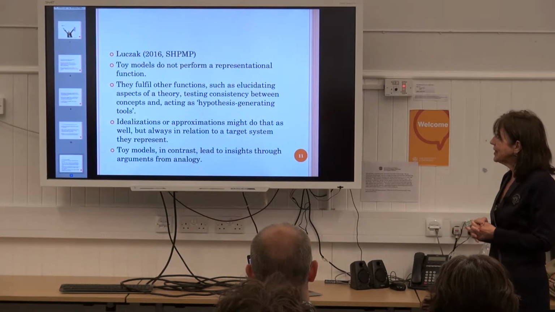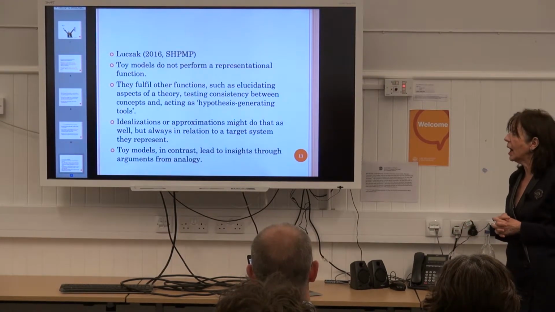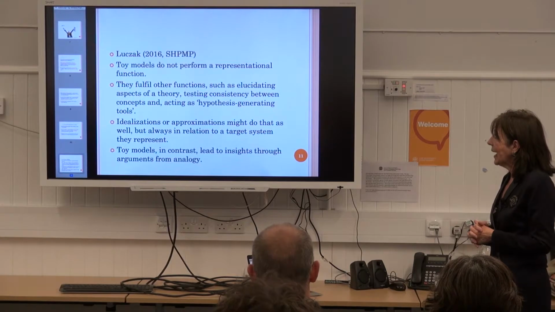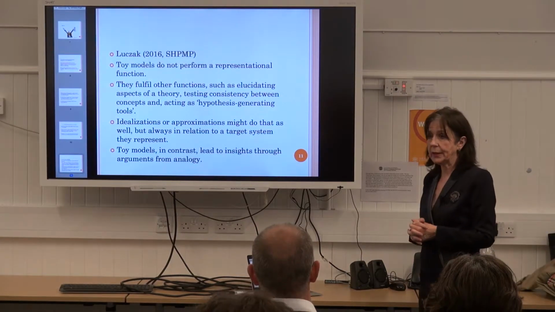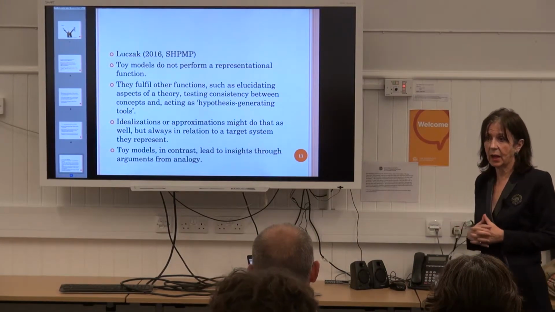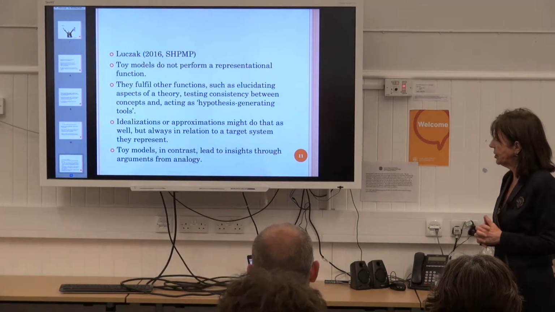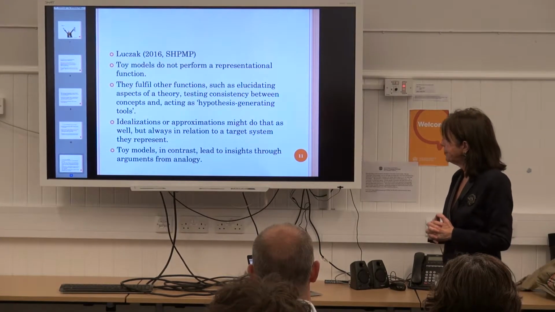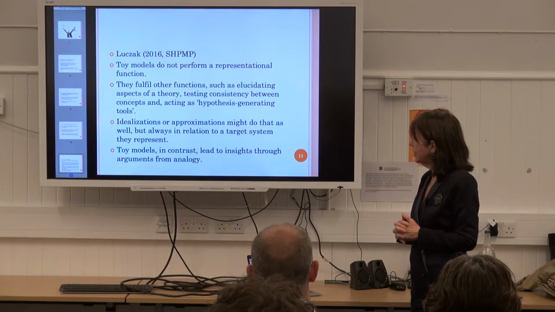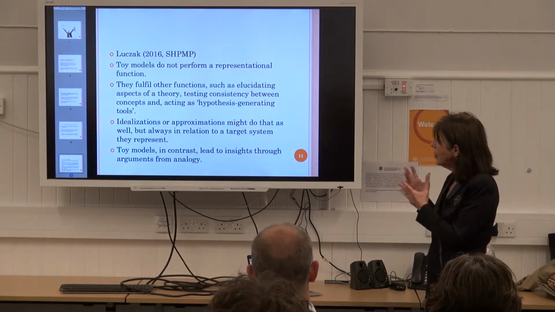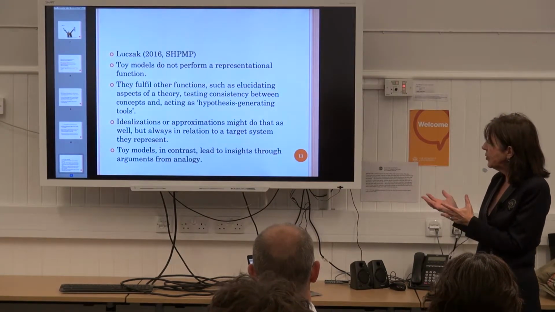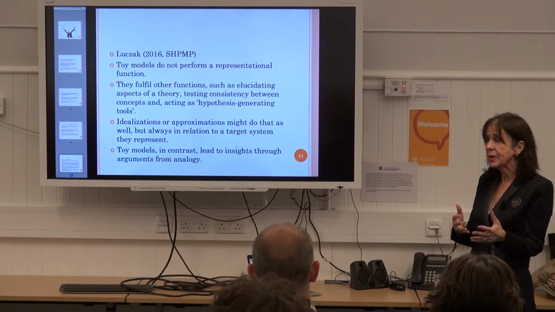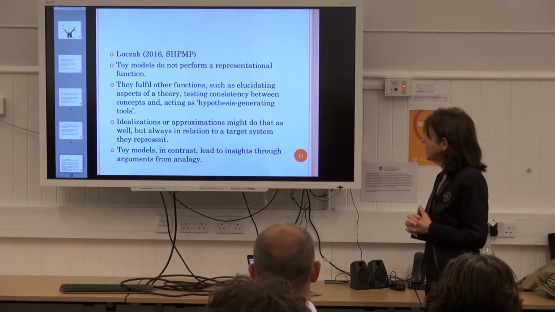They are used for testing consistency between concepts and acting as hypothesis-generating tools. So that's more or less what Roman and Stefan mentioned in their SEP article. I'm not sure how you can elucidate aspects of a theory if you're not representing the theory in some way, but we'll leave that aside for now.